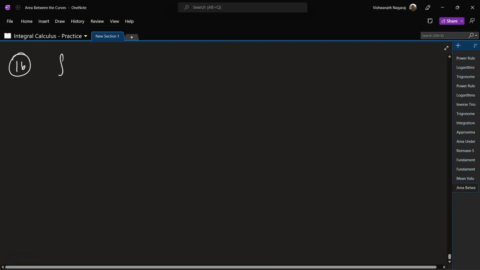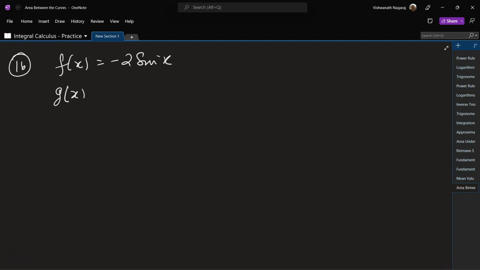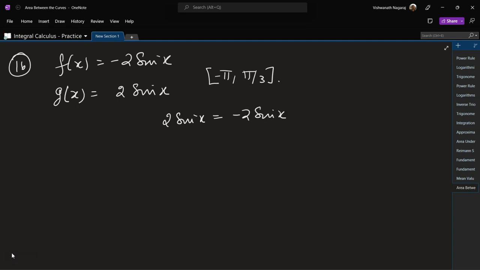16th one. F of x is equal to minus 2 sine x, g of x is equal to 2 sine x in the interval minus pi to pi by 3. Okay, intersections. So 2 sine x is equal to minus 2 sine x, which gives us 4 sine x equal to 0.